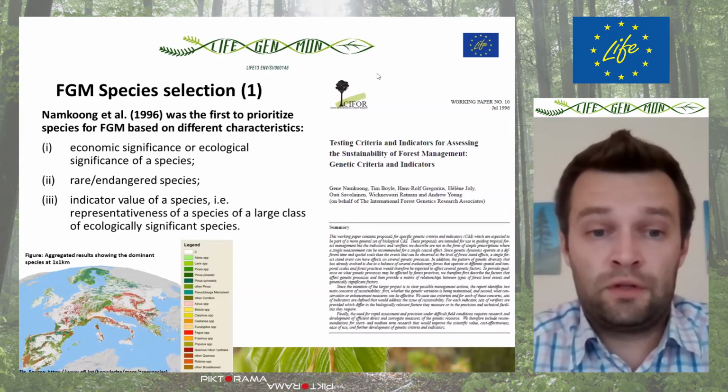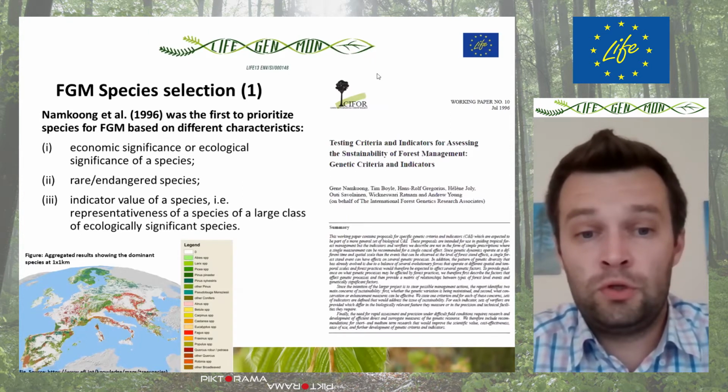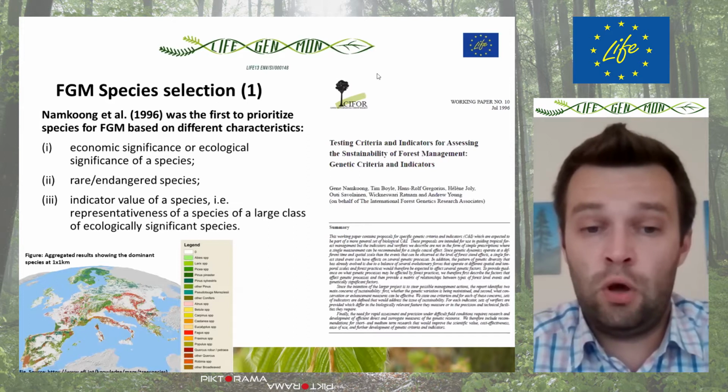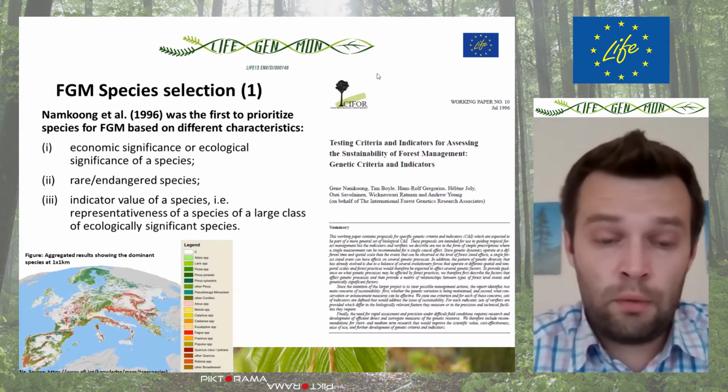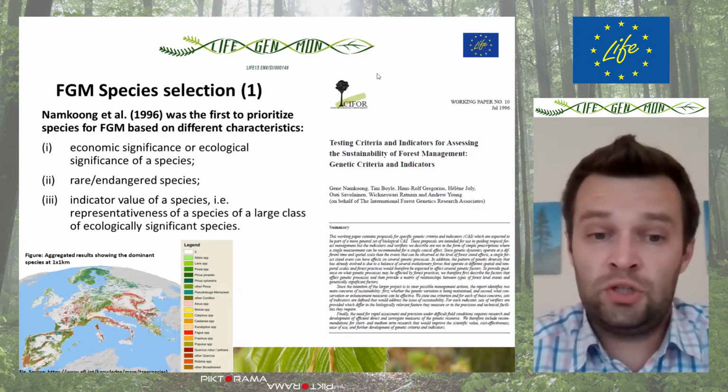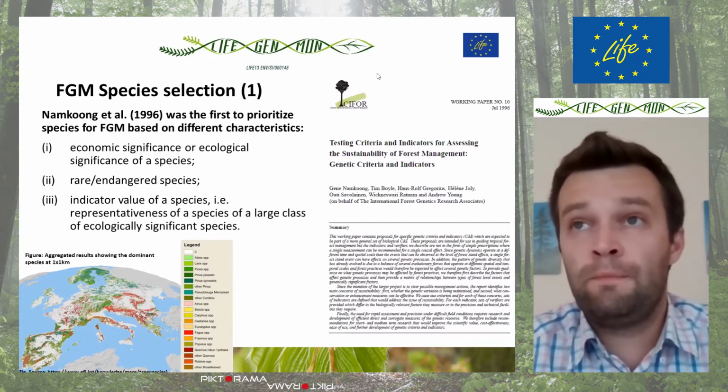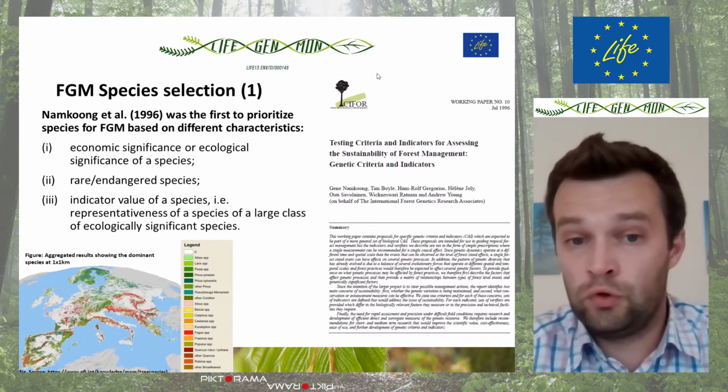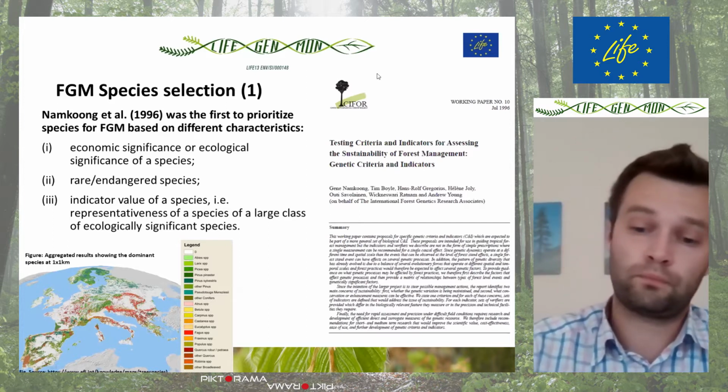And as you can see, for example, in this map, which shows the dominant species at 1 by 1 kilometer resolution of Europe, there are a number of species which are dominant in different regions, therefore they can be in focus for forest genetic monitoring.